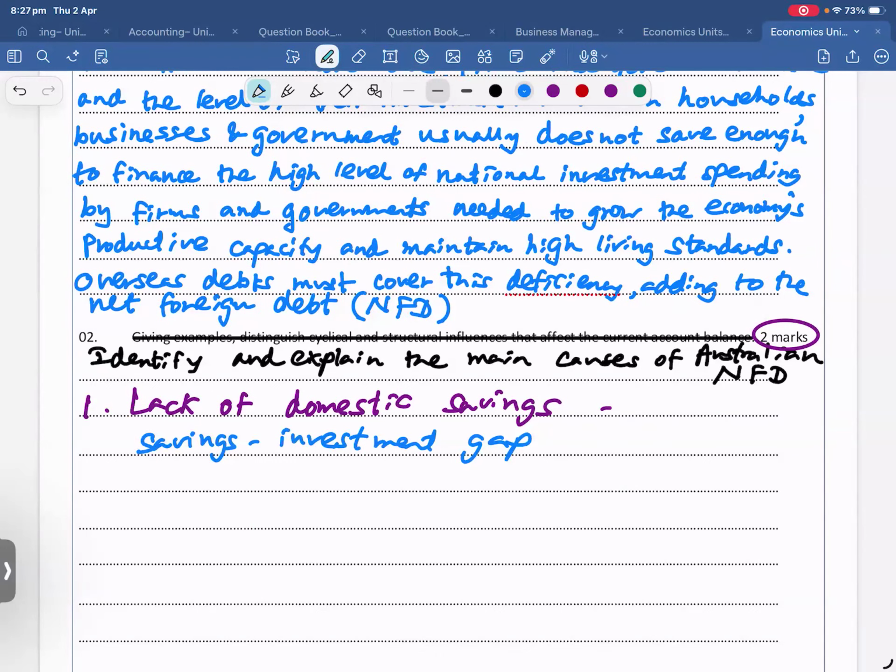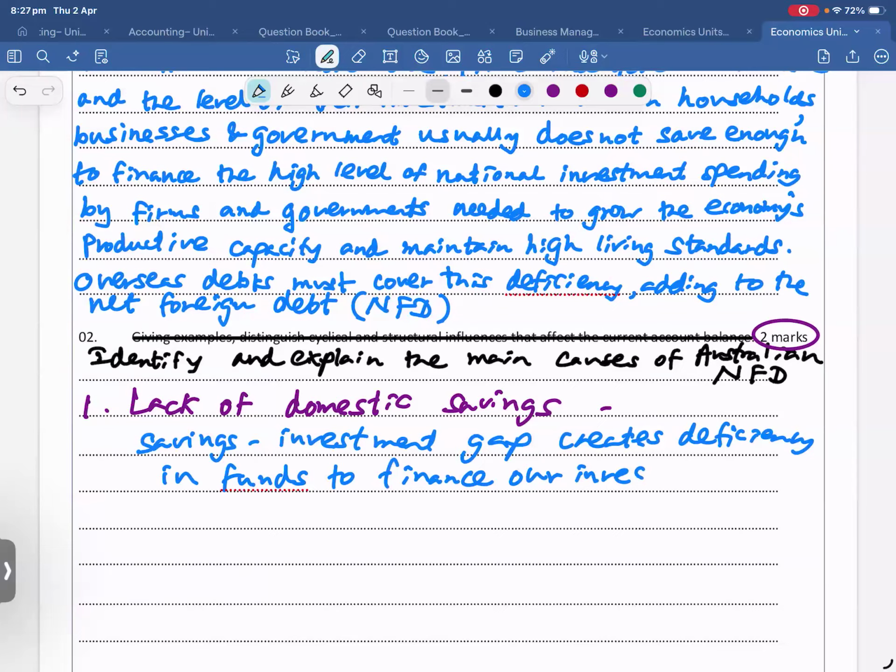This gap creates insufficiency or deficiency in funds to finance our investments, making our interest rates high.